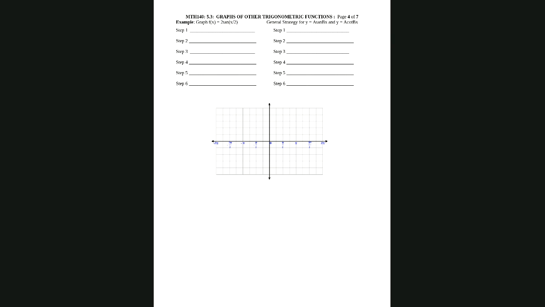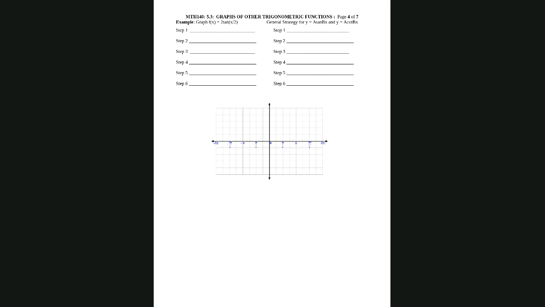So remember that in general, the period for tangent and cotangent graphs is pi, and if we're doing tangent of b times x or cotangent of b times x, the period will be pi divided by b.